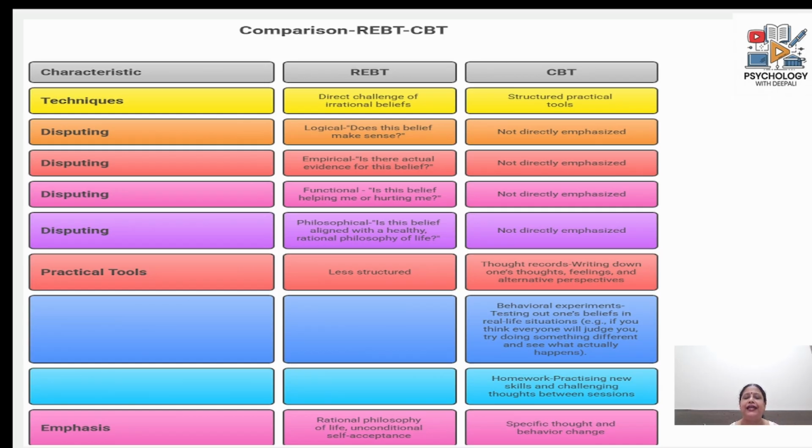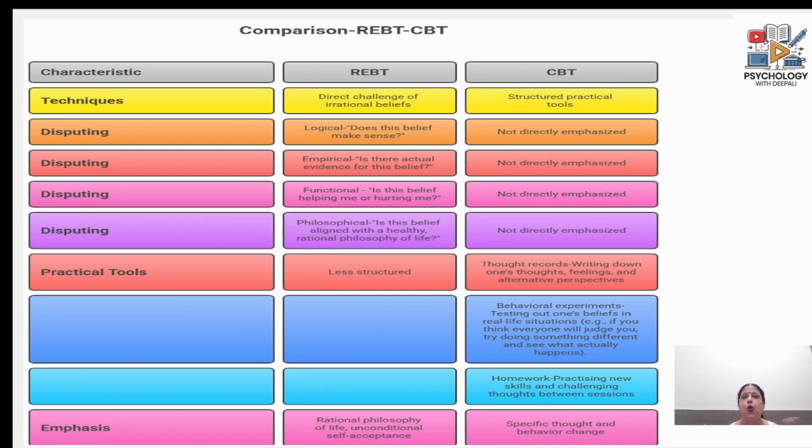If you talk about practical tools, REBT is less structured with reference to practical tools. But in CBT, we have practical tools like thought records, that is writing down the negative thoughts or the feelings, and what are the alternative ways of looking at things. Then we have behavioral experiments. Here, the client will be told to test out your beliefs in real life situations. So if you think, let's say, everybody will judge you, try doing something different and see what is the impact of that.